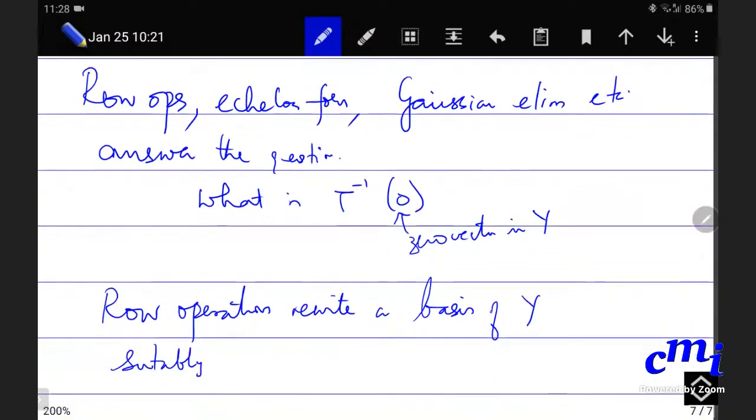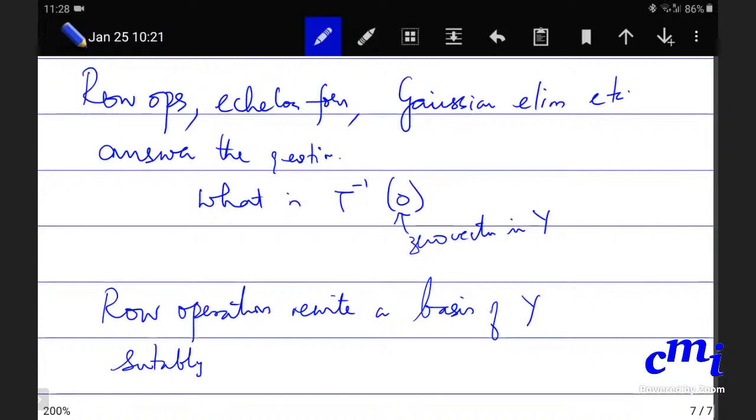Similarly, column operations will rewrite a basis for X suitably. That's what it is doing, in a way that is computationally easy. But this is not the same thing as expressing T. When we do row operations, we are not conscious about it, but we are only changing the basis for Y.